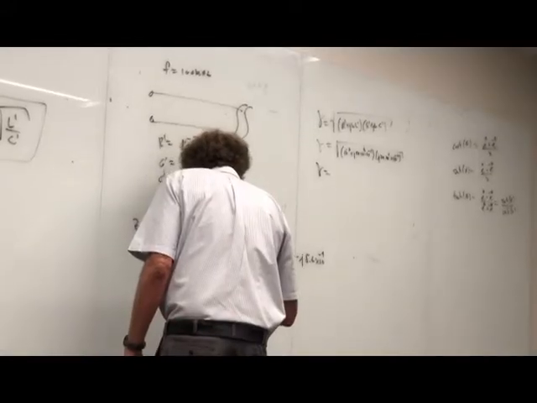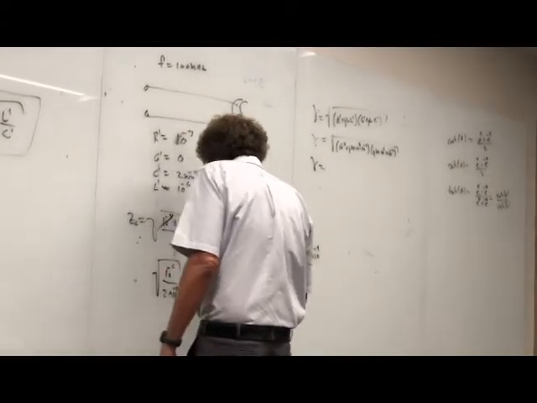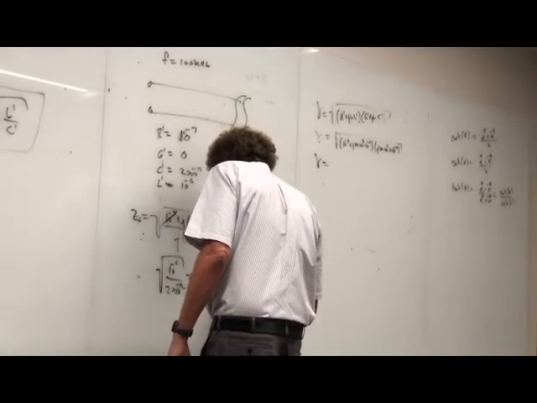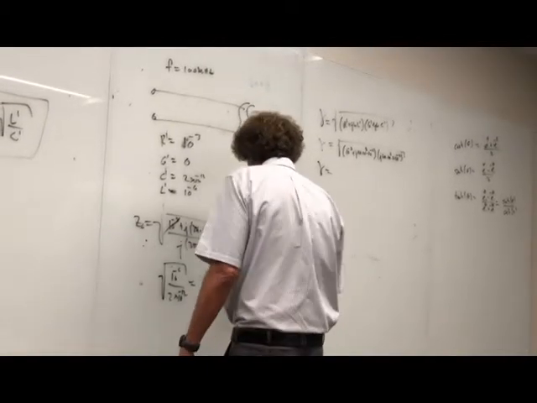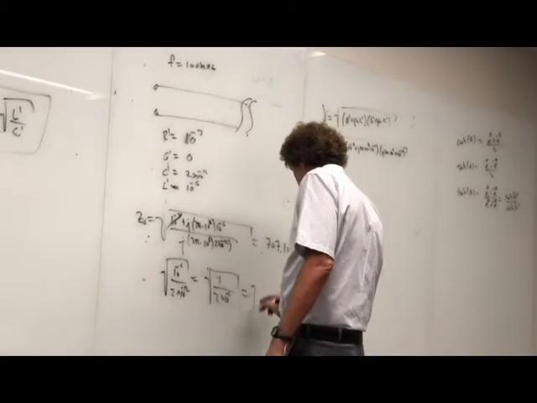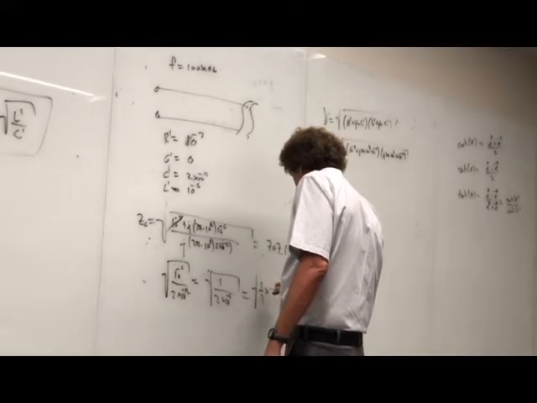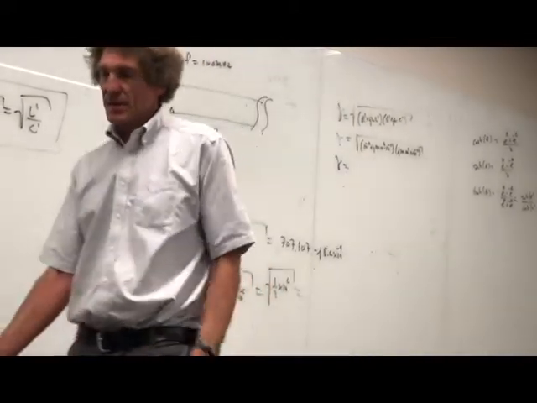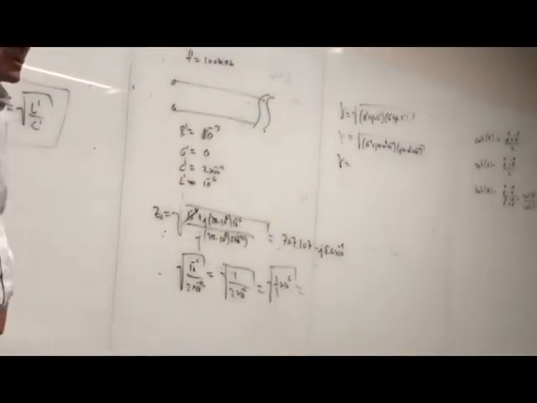That's equal to the square root of 1 over 2 times 10 to the 6. So just tell me what the square root of 1/2 times 10 to the 6 is. It's going to be less than 10 to the third. It's going to be about 700. Is that what it is? 707?